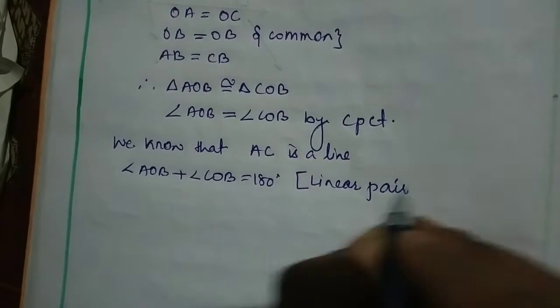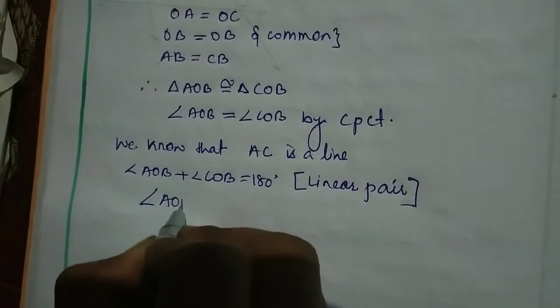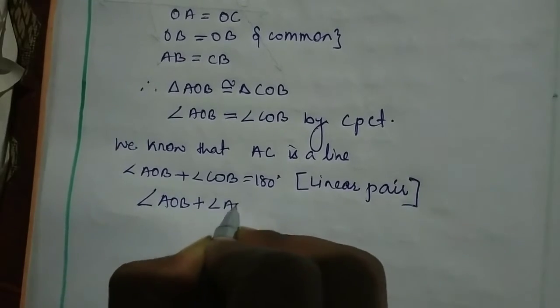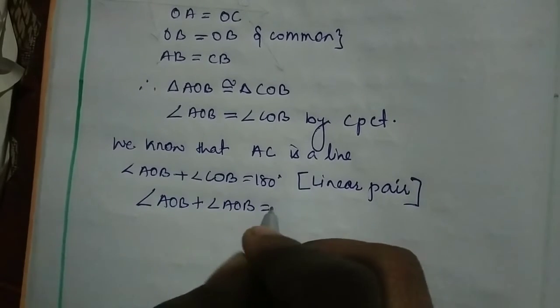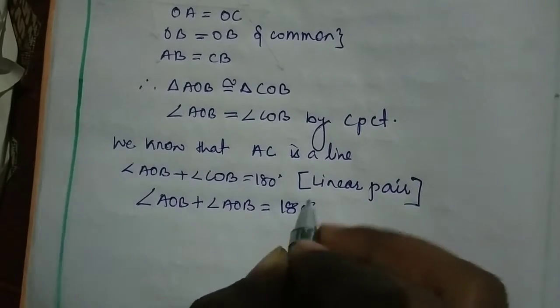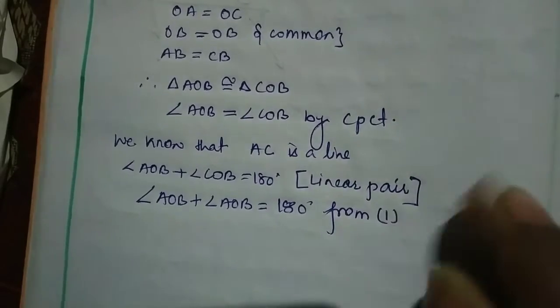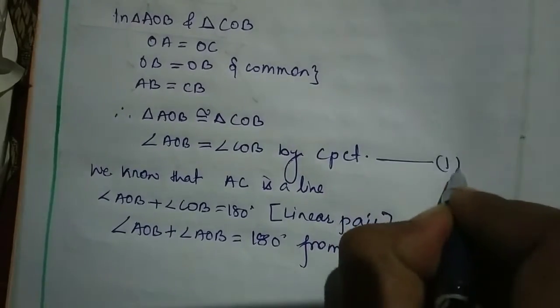So angle AOB plus angle AOB is 180 degrees, from equation 1.